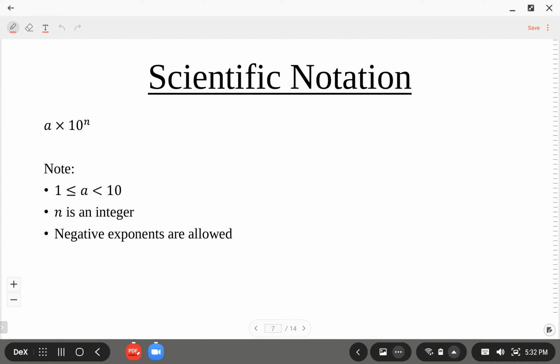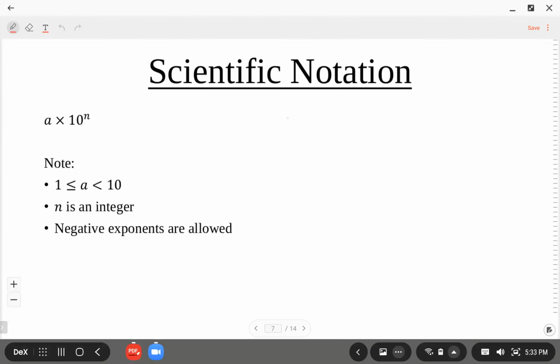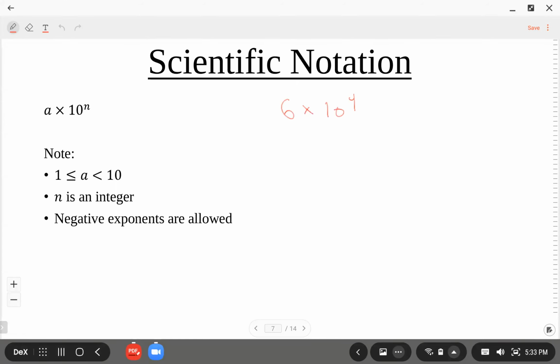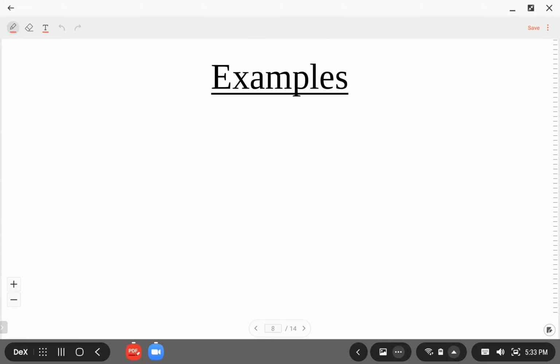Okay, so let's take 6 times 10 to the fourth. What is that? And actually, let me just include that in the examples section. So our examples.